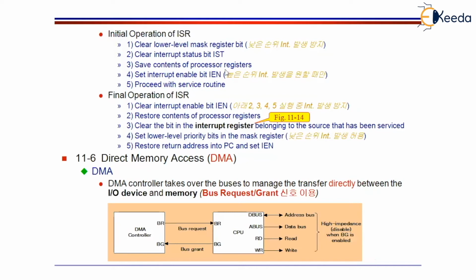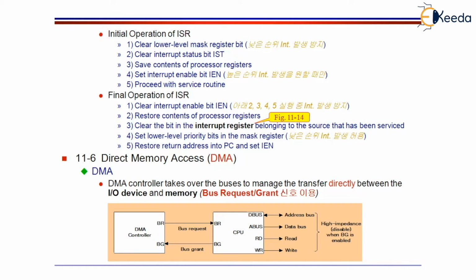Save the contents of the processor register. What is this? Before the arrival of the interrupt, the CPU is already executing another program. When it is executing some program, there is a status register, which shows the status of the current program. But due to the arrival of the interrupt, the current program must be suspended.